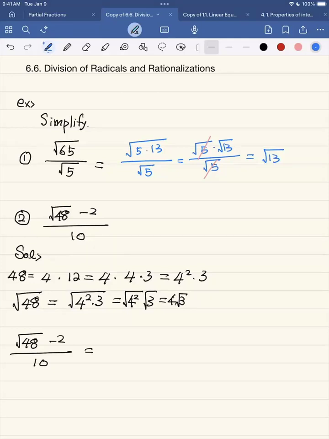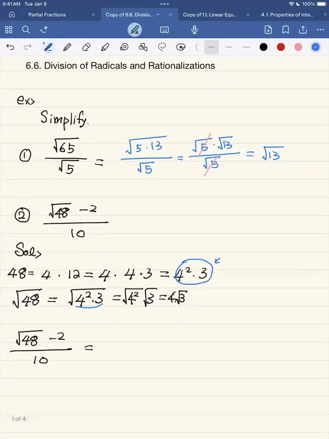Second problem is square root of 48 minus 2 over 10. 48 can be decomposed into 4 squared times 3, and we can write that decomposition as radicand and separate two factors and write it as square root of 4 squared times square root of 3.